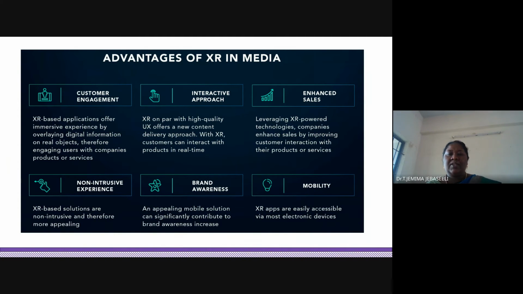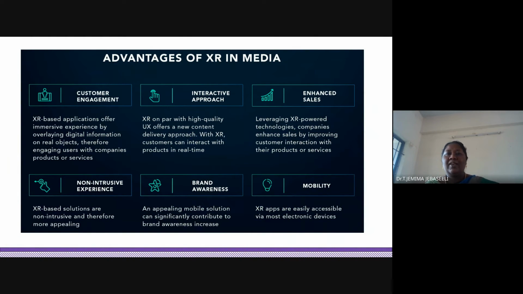Brand awareness: you can contribute a significant solution to the problem the customer faces, or for any users or any patients. And mobility: you can access it from any device from any place. You may not get an appointment with a doctor, or you cannot always discuss with your colleague, and the person may or may not be available, but the device will always be available, right?